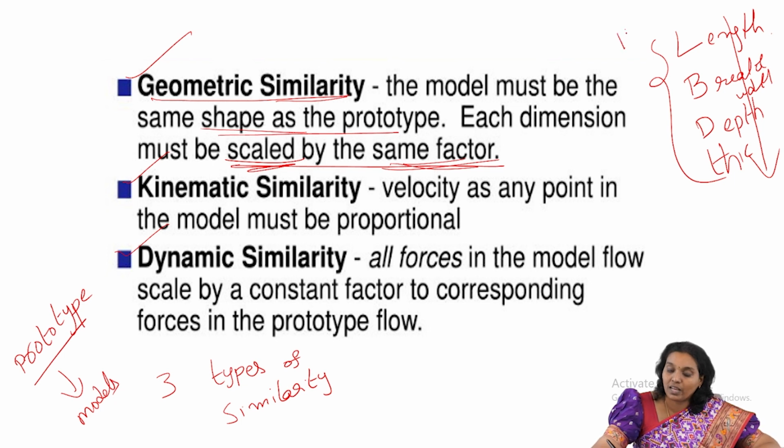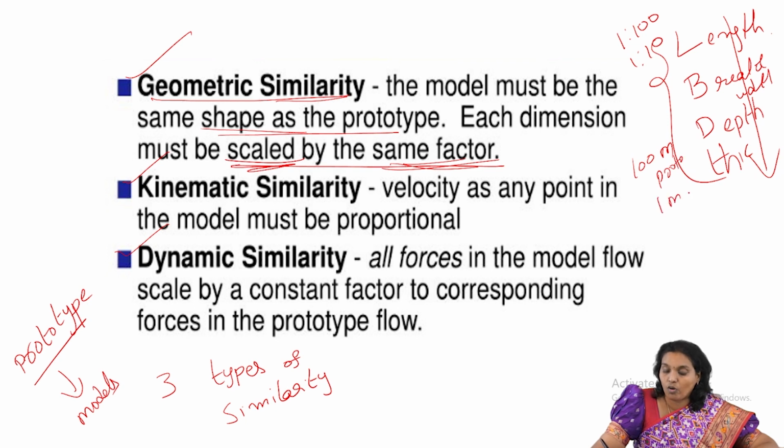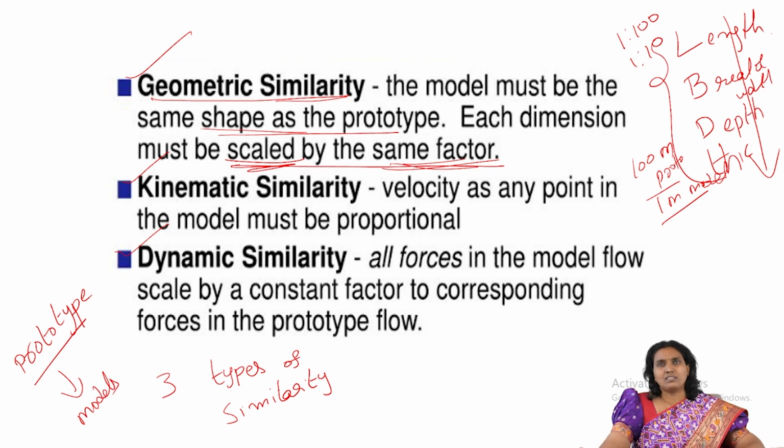For geometrical similarity, the scale is 1 to 100, 1 to 10. So we consider 100 meters of prototype to 1 meter of model, like that. This is the example by which we understand geometric similarities.